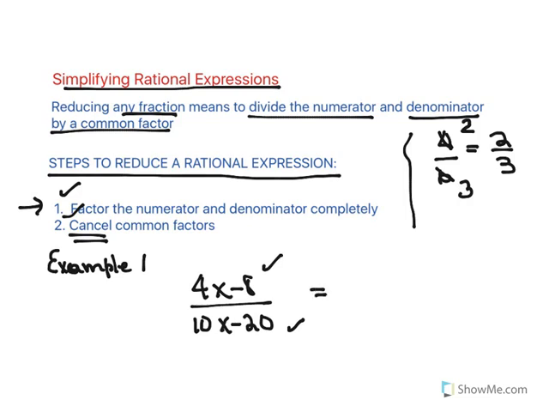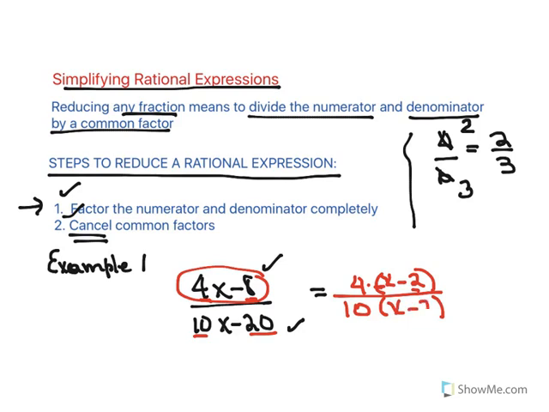In the numerator, I can factor the 4, and I will get x minus 2, because 4 divided by 4 is 1, that's the coefficient here, and 8 divided by 4 is 2. In the denominator, the common factor seems to be 10. If I factor 10 out, I will get x minus 2.